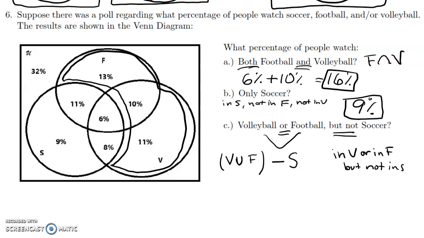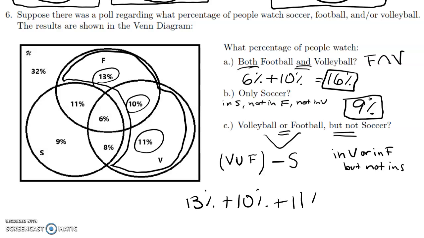So either football or volleyball, we lump those two together, but stay outside of the soccer circle. We see three regions that satisfy that. There's the 13%, the 10%, and the 11%.